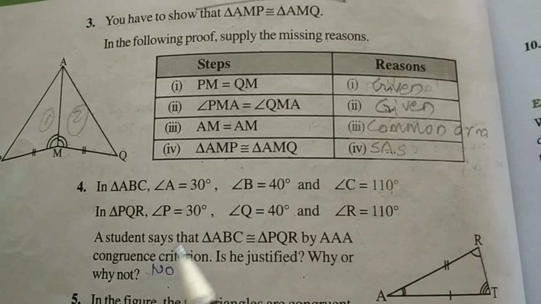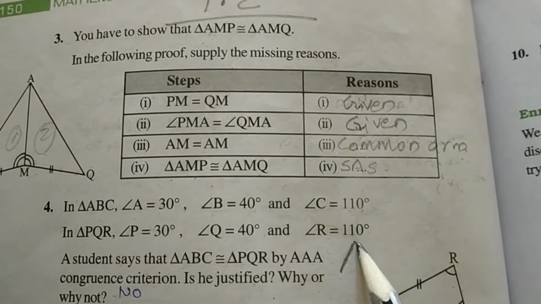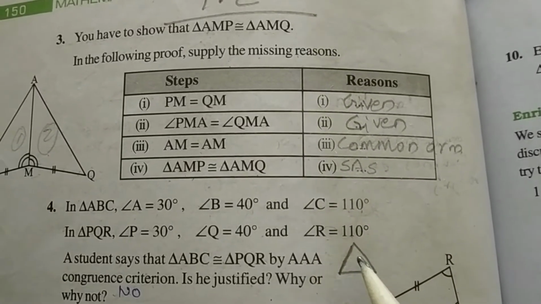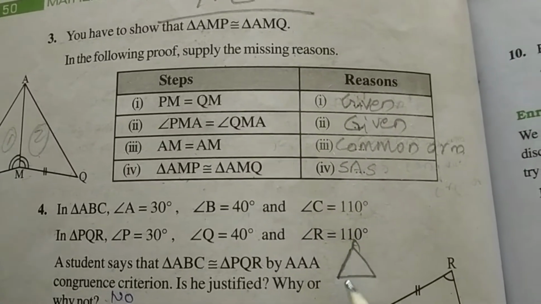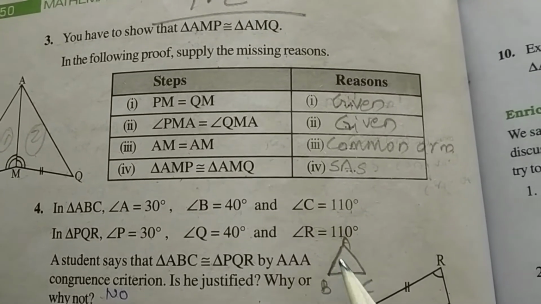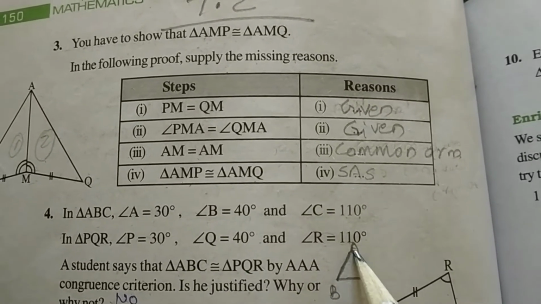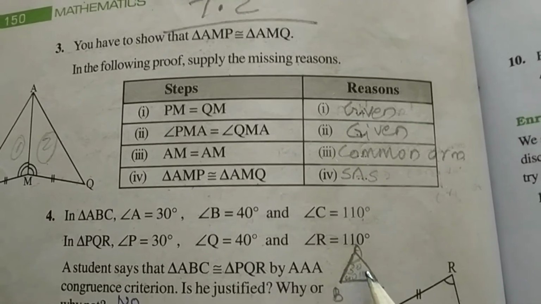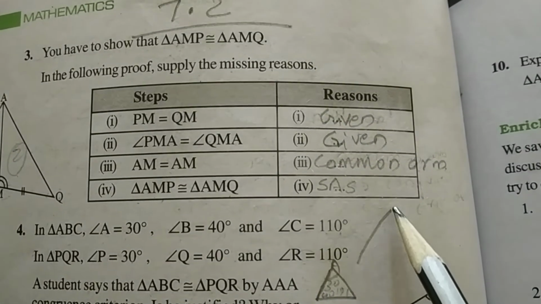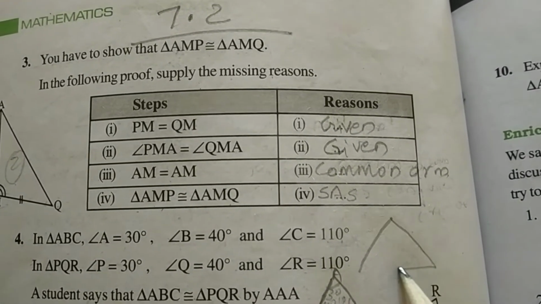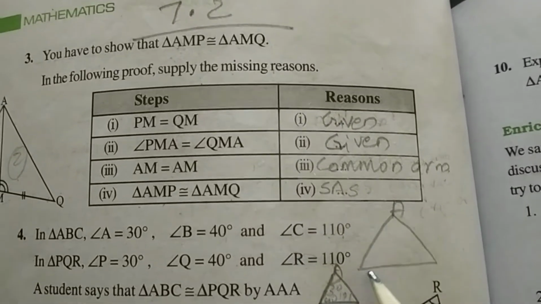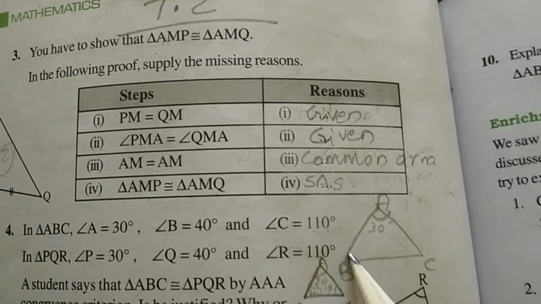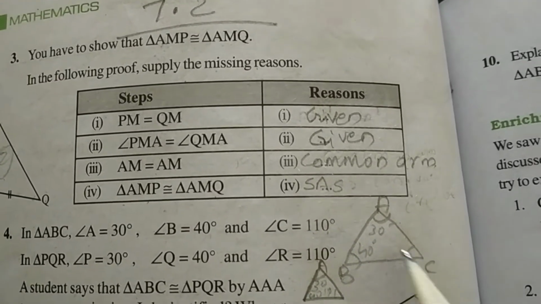We can say no, because the size of the triangles can be different, but the angles we can make the same. According to this one, ABC, we can make 30 degree, then 40 degree, then 110 degree. But in the case of the other, we can make it in a big size. So here we can write 30 degree, then 40 degree and 110 degree.